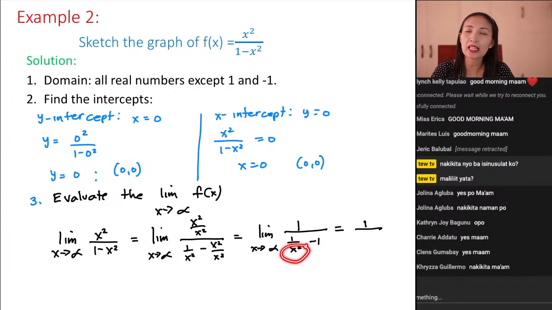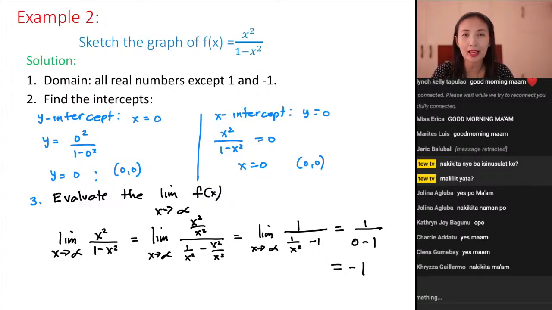This is why we say the limit of 1 over x raised to n as x approaches infinity is 0. So 0 minus 1 equals negative 1. So the limit is equal to negative 1.